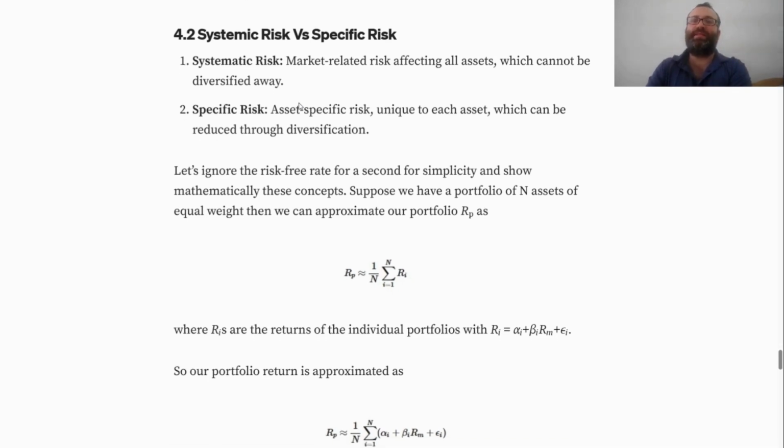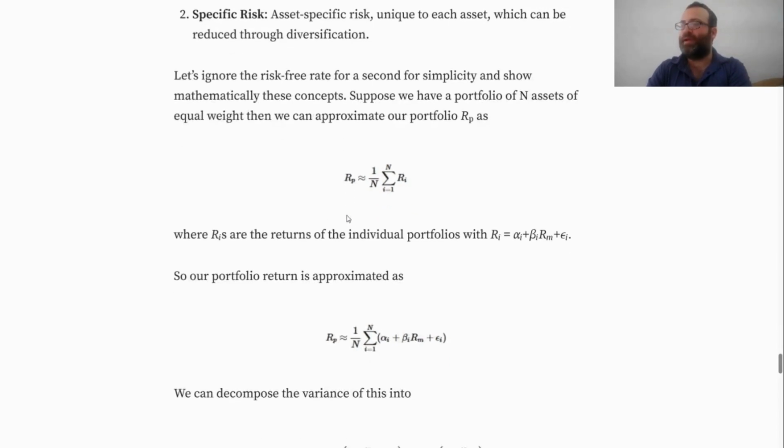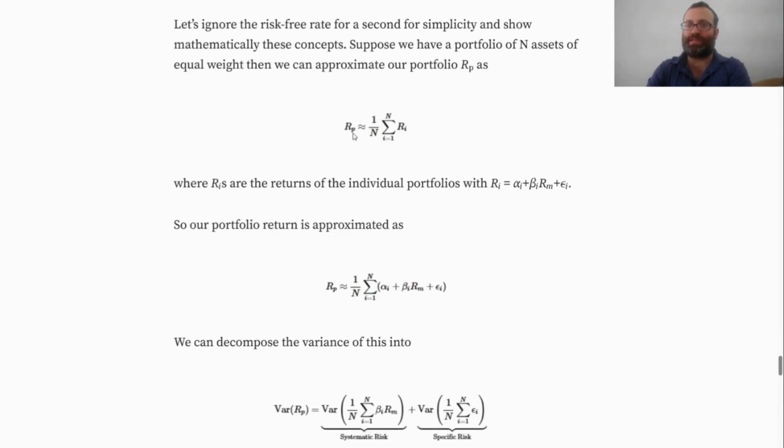But if you, let's say, have a portfolio of n assets and you give them equal weight, roughly speaking, this is wrong, but it's close enough in approximation, your return for your portfolio, this R_P, is the average of the individual asset returns.